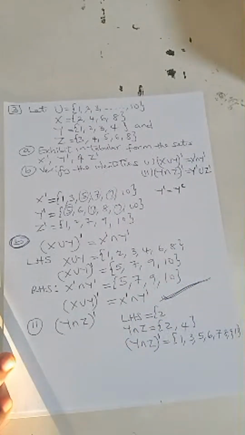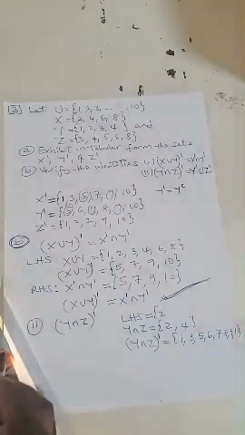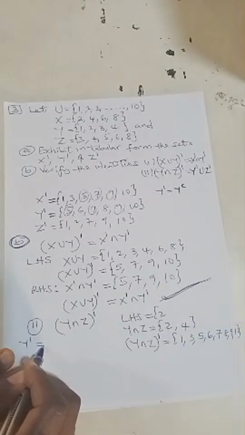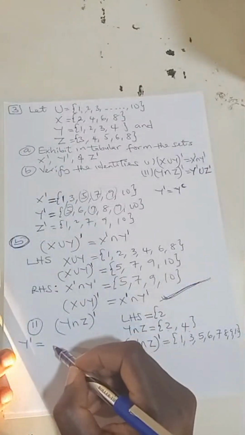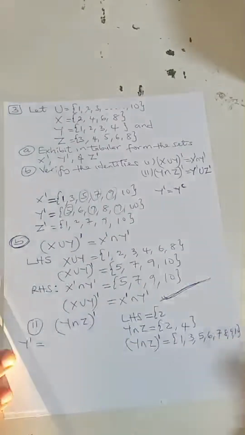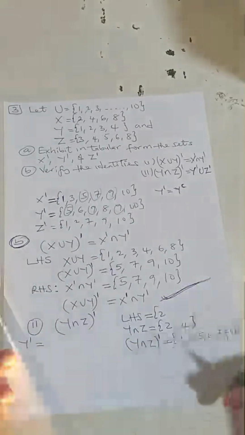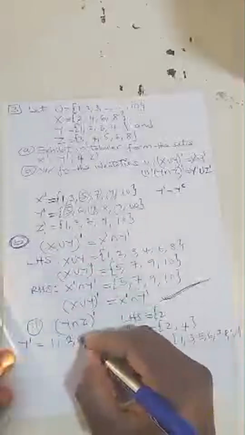So let's combine also the other one, Y prime union Z prime. Let's combine that. We combine the sets, so that would be 1, 2, 5, 6, 7, 8, 9, and 10.